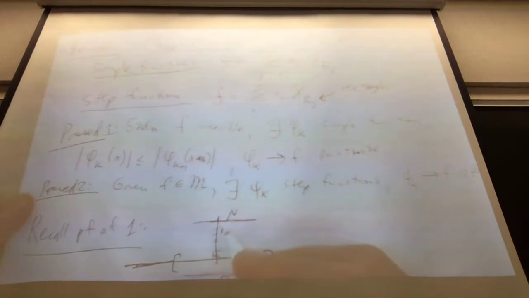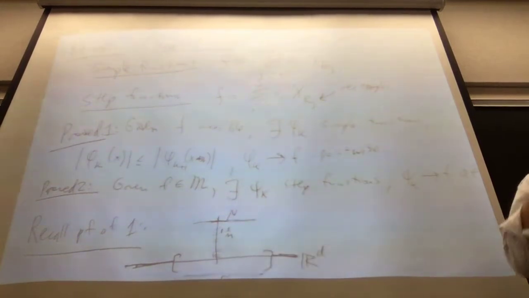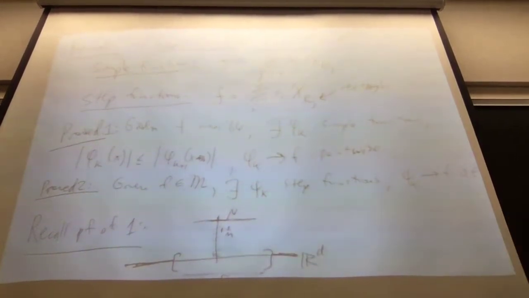Each piece had width in the y variable of 1 over m. So there were nm of them, ranging from L over m to L plus 1 over m, and I forget where I put the closed sign and open sign. You have to be a little careful to make sure you don't cut off the tip when you're doing this.